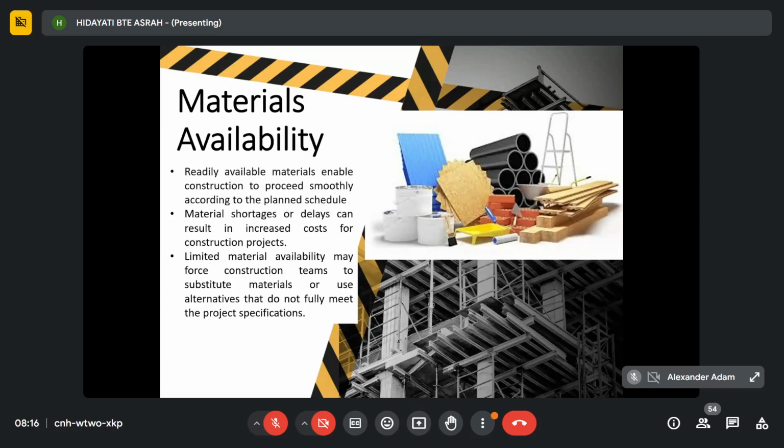However, if the material is not available, or if there is a delay in receiving necessary materials, this can slow down the construction project. Once the construction progress slows down, it will lead to a project delay. When your project is delayed, of course, there will be financial penalties. So materials availability is also important.